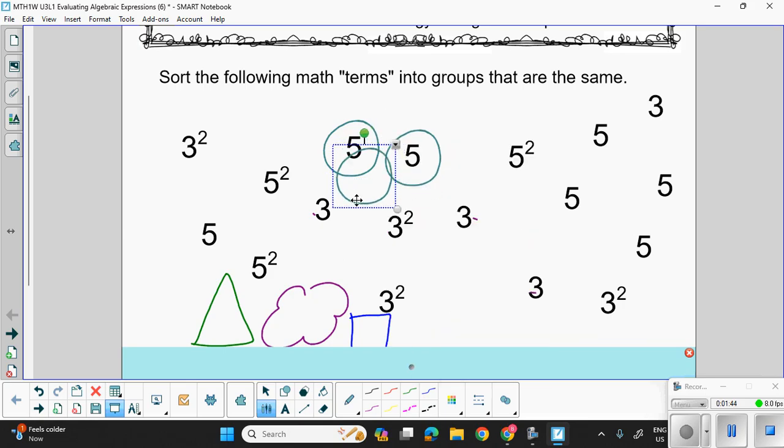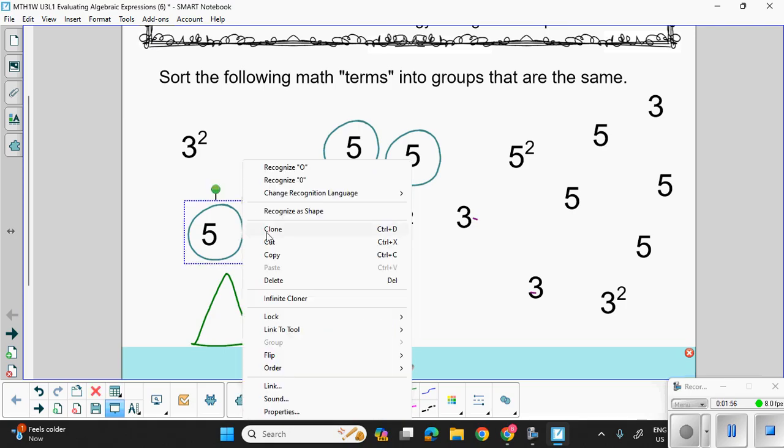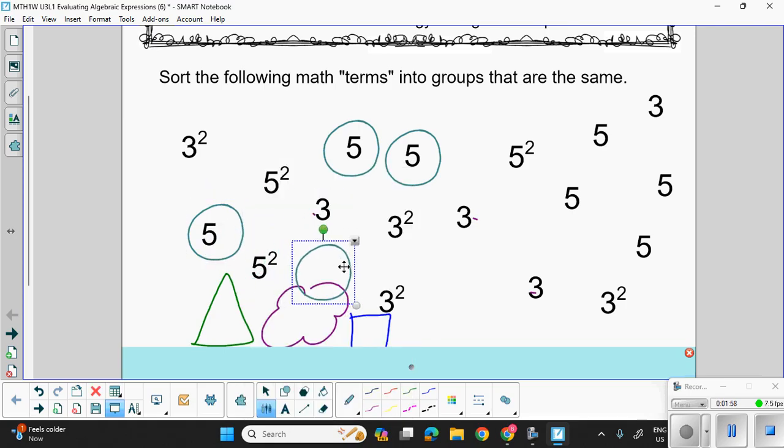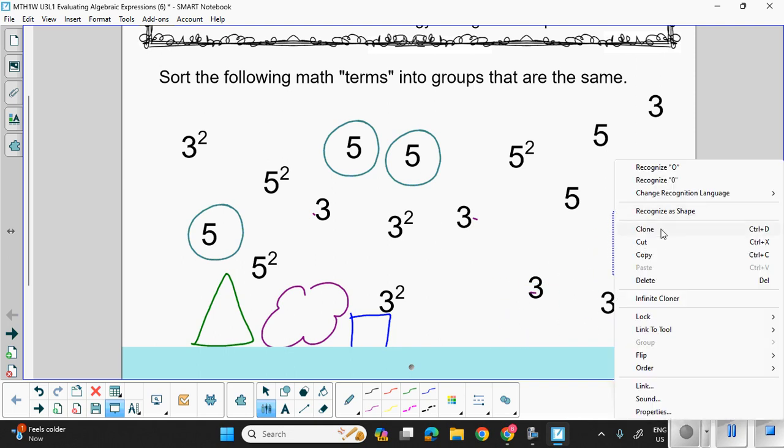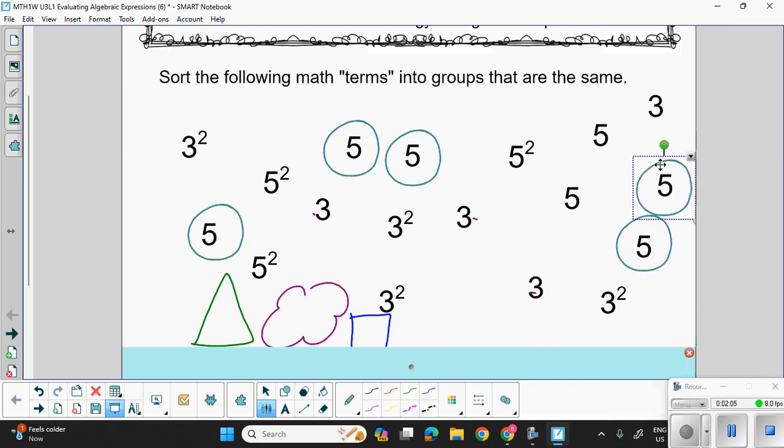Okay, and I'm just cloning it. There's another 5. And it doesn't want to click for me. And is there any more? There's one there. There's another one there.